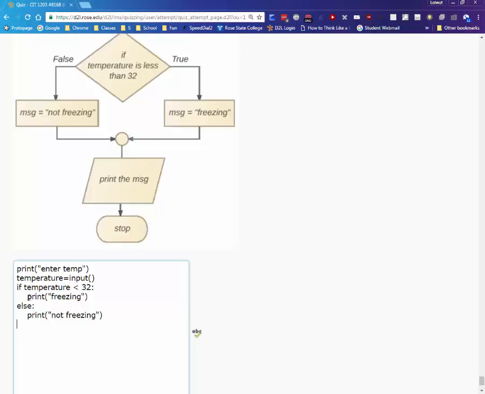But what I wanted to see was this. Message is equal to freezing, or else message is equal to not freezing. And then print that out. That's what I should have required for full credit.